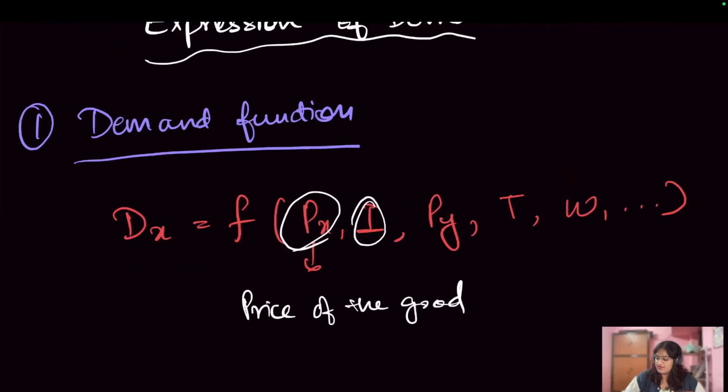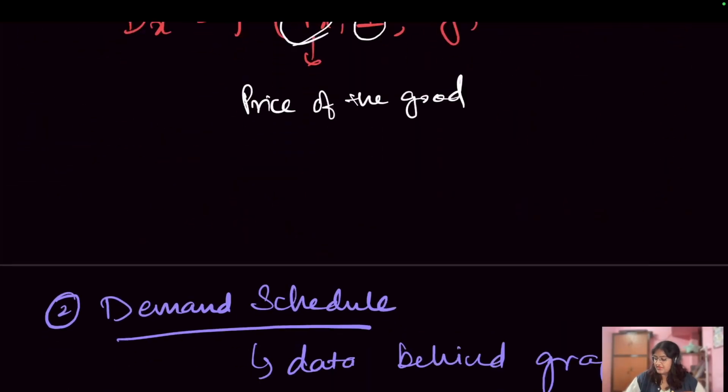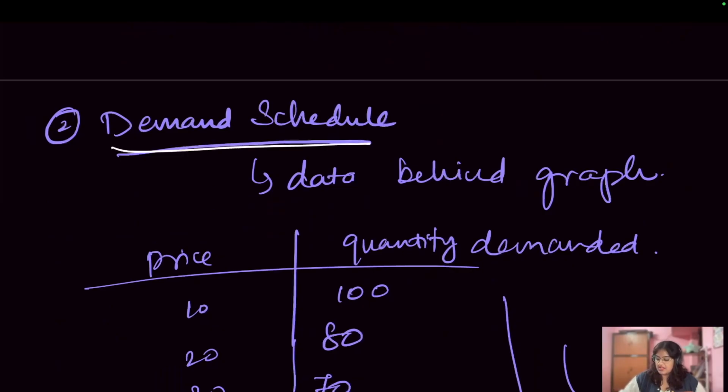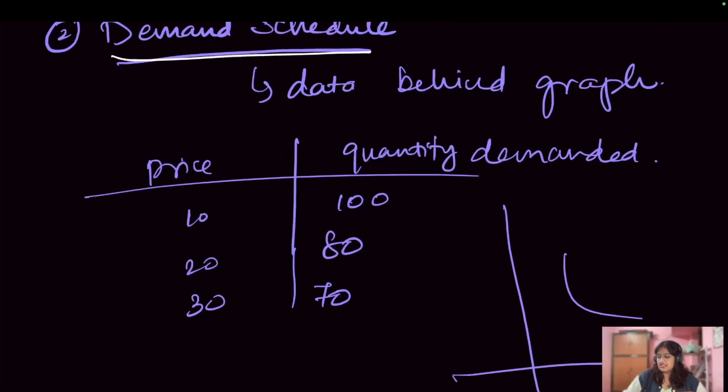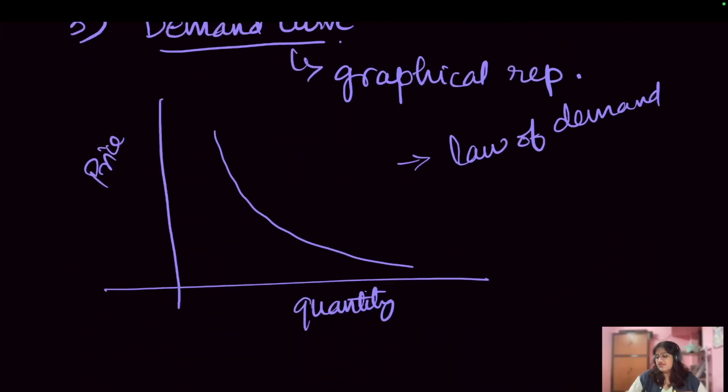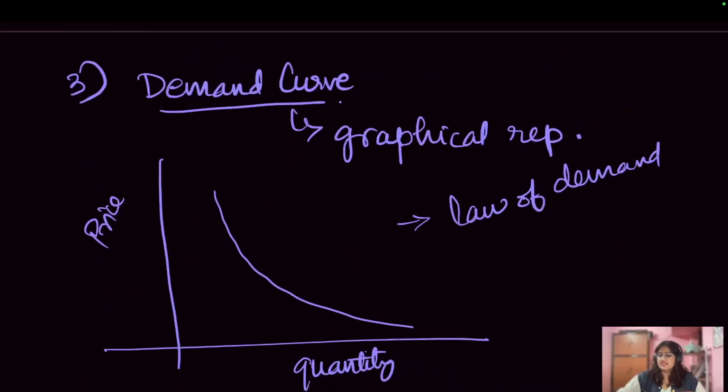So in expressions of demand, we first learned the demand function, then the demand schedule, that is a tabular form of data that shows the relationship between the price and the quantity demanded. And then we have the demand curve, which is the graphical representation of the demand schedule. Here on the y-axis we have price, and on the x-axis we have quantity, and the slope is almost always going downward from left to right, because of the inverse relationship.